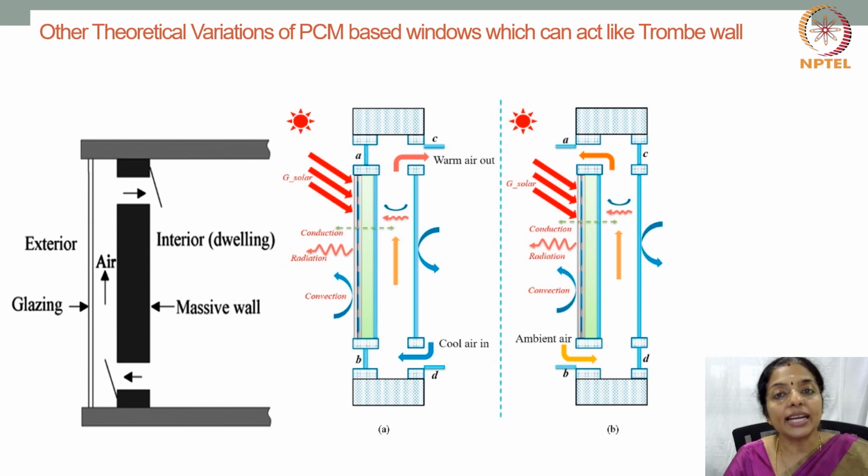But it may increase the building's dead load and cause structural problems. So phase change materials can provide an appropriate solution for massive mass problems. Many variations of the trombe wall were introduced over the years to reduce its weight, improve its thermal performance, extend its range of application, and integrate it with other systems to generate electricity.